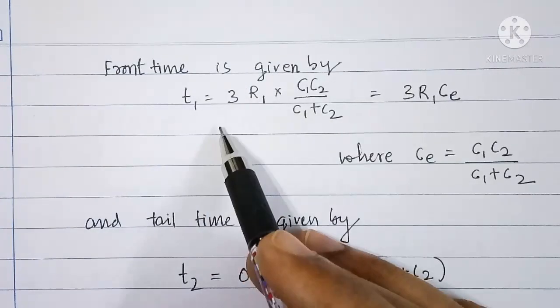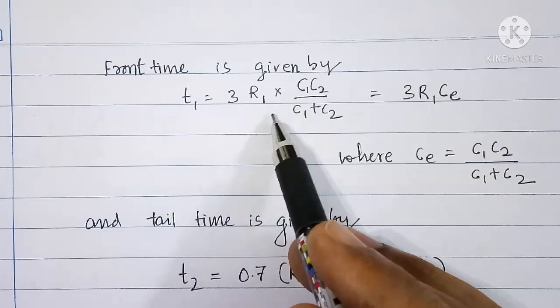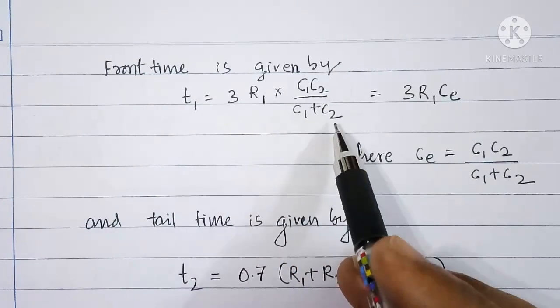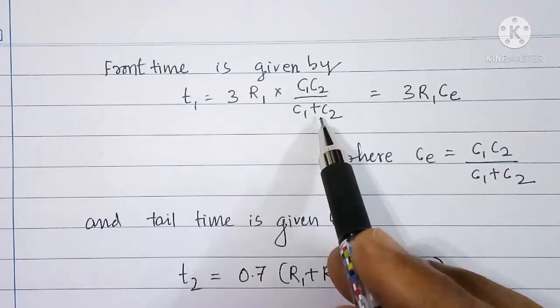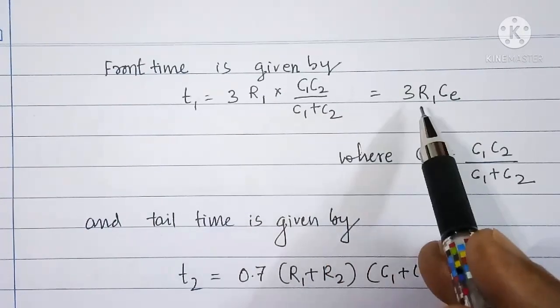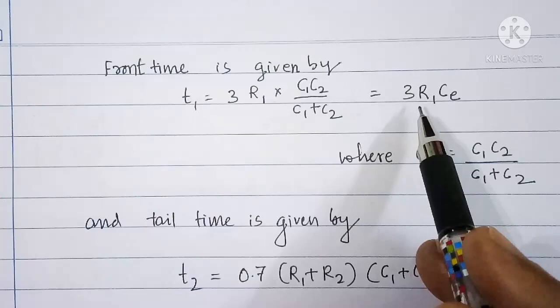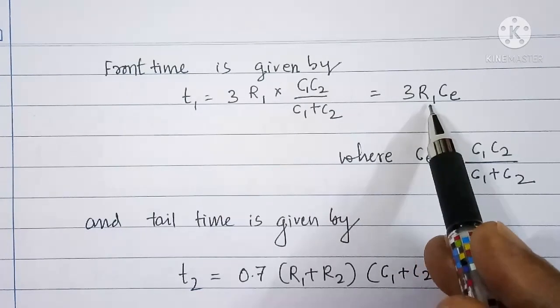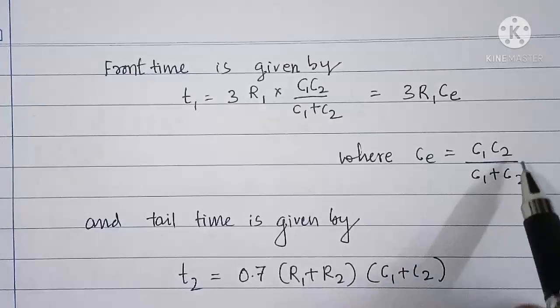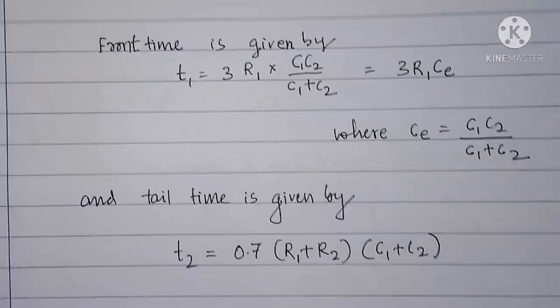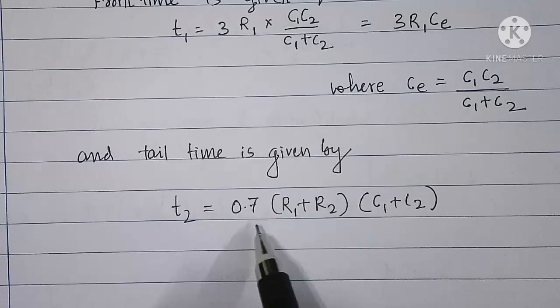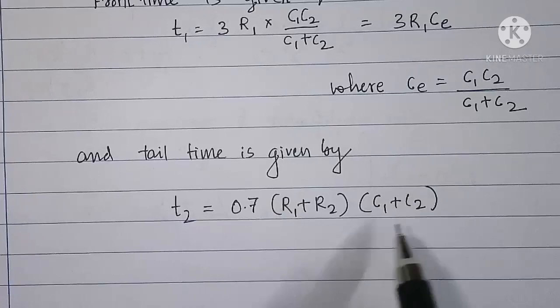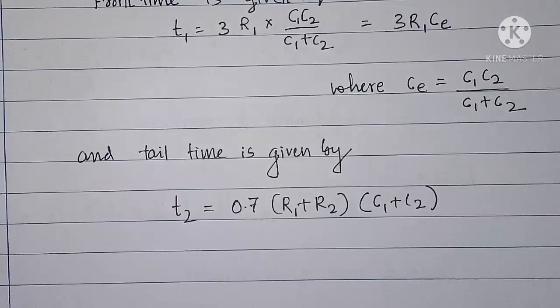Front time is given by T1, equal to 3 times R1 into C1 C2 divided by C1 plus C2. If I call this C1 C2 divided by C1 plus C2 as C equivalent, then I can write T1 as 3 into R1 into C, where C is C1 C2 divided by C1 plus C2, and the tail time is given by T2 equal to 0.7 times R1 plus R2 and C1 plus C2 product.